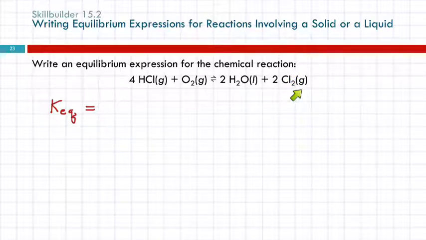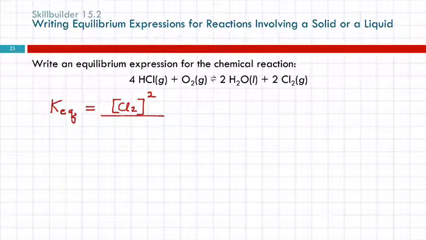And then we've got Cl2. This is a gas. The concentration of a gas can change because you can compress it or let it expand. So the concentration of Cl2, and that's going to be squared because of the coefficient 2. Divided by, and then we want the reactant concentrations.